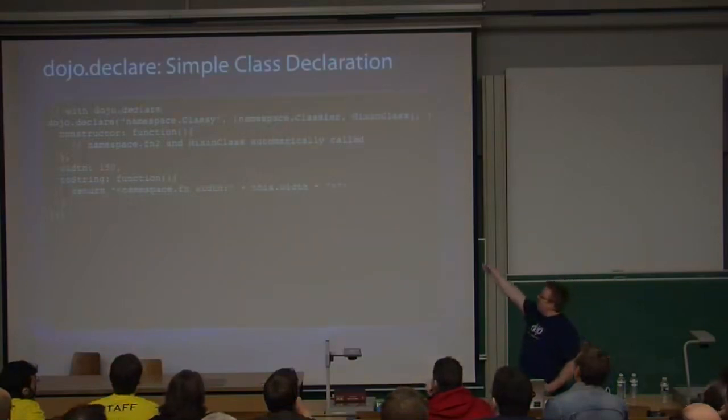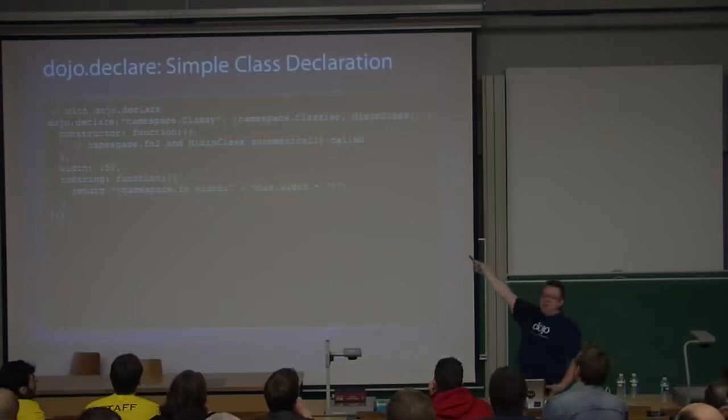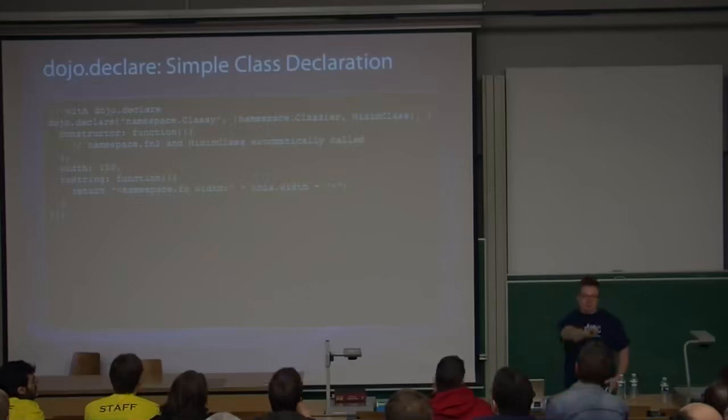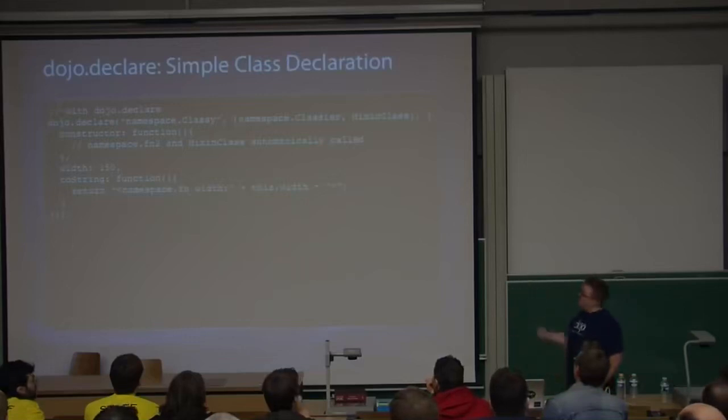You just say Dojo.declare, the name of the class you want to define, the things that it inherits from, the first one being the one it strictly inherits from, and all the subsequent ones being things that are mixed in. Mixed in meaning you basically copy the methods and properties and imprint them on top of your existing function. And then you can have a constructor, and then just a number of parameters as variables or objects in the form of functions.